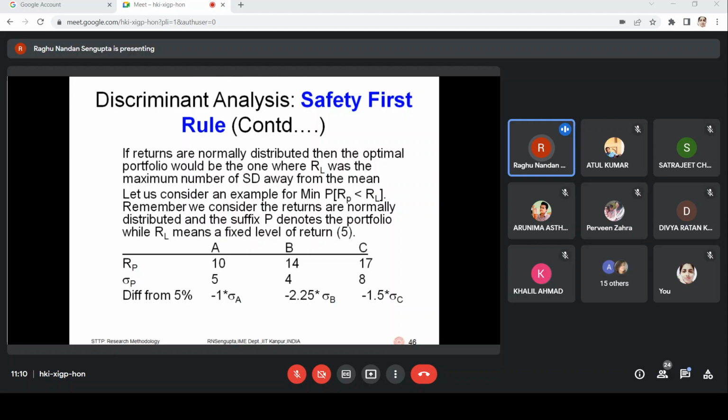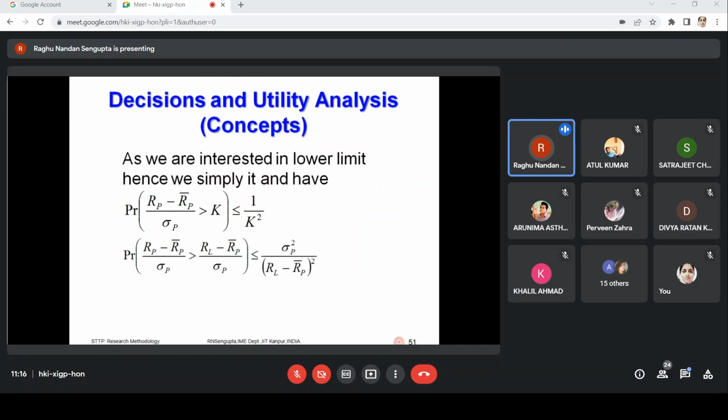These bounds you can also find out from the data. If you look at the last value, sigma square P by RL minus R bar P: RL is the value which you have stipulated for yourself, and R bar P is the average value of that particular section of households. For example, there is a set of people who have salaries of more than, say, 1.5 lakhs, whom you think can definitely be targeted.